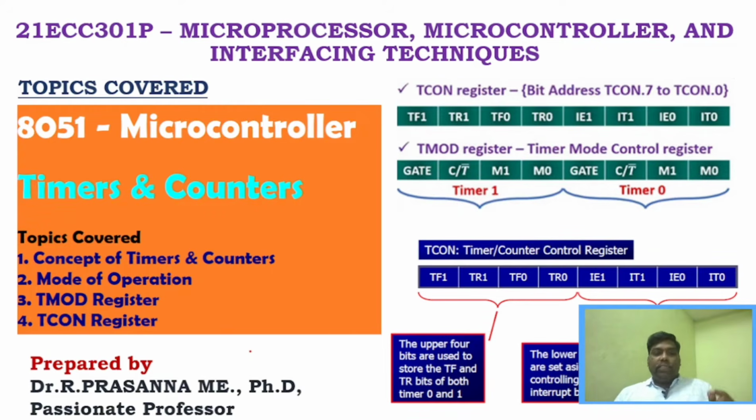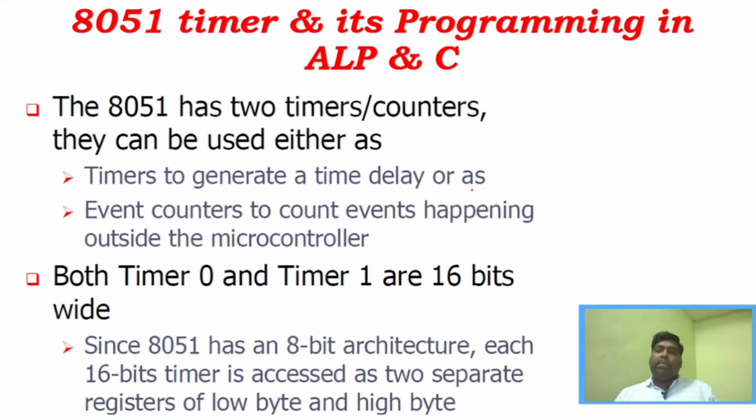First we will see, in 8051 we already know that it is an 8-bit controller, but it has two 16-bit registers, that is, it has two timers. One is timer 0 and the other is timer 1, and both are 16-bit registers, right? We have already seen the features and the architecture of 8051 in previous videos.